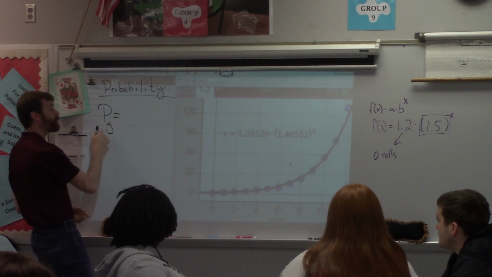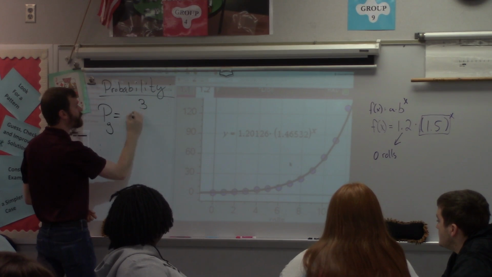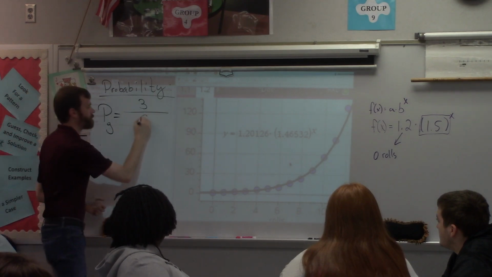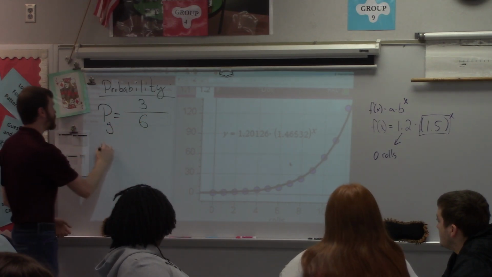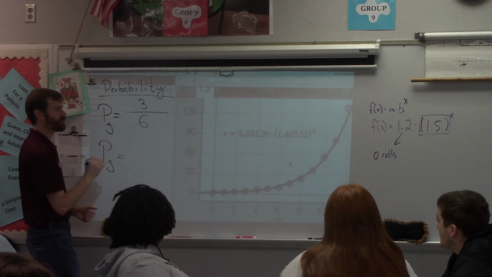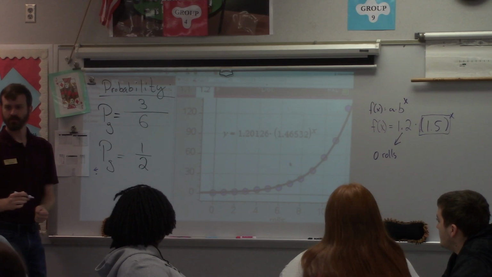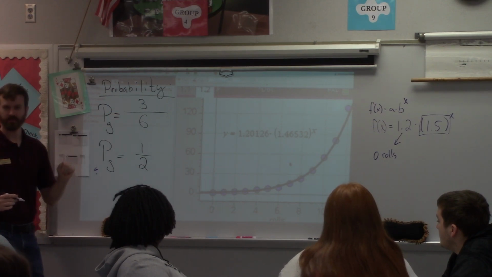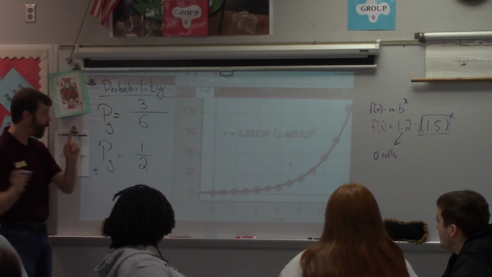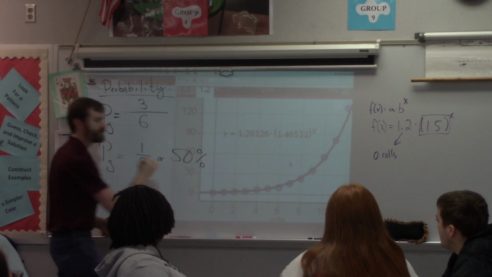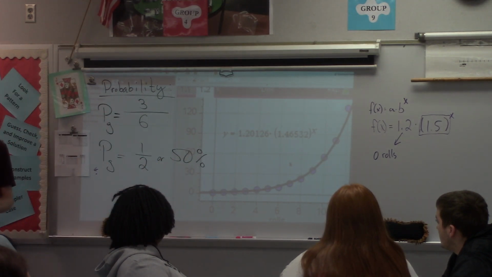So probability of growth, there were 3 numbers that were possible to be rolled, but how many numbers were on the dice? Therefore, what was the probability of growth? You can simplify that, right? 1/2. Or a 50% chance of it growing. Everybody with me? Believe that?